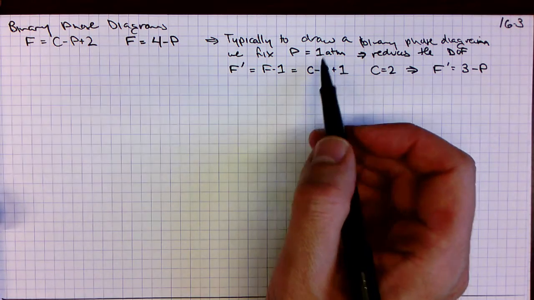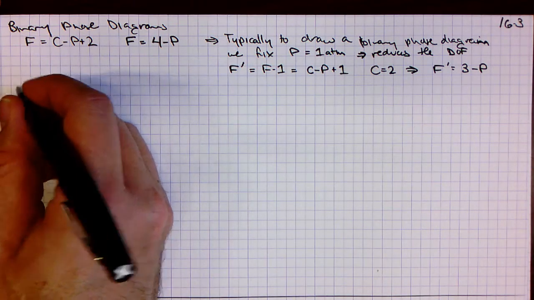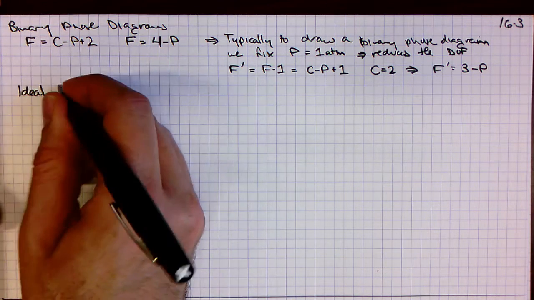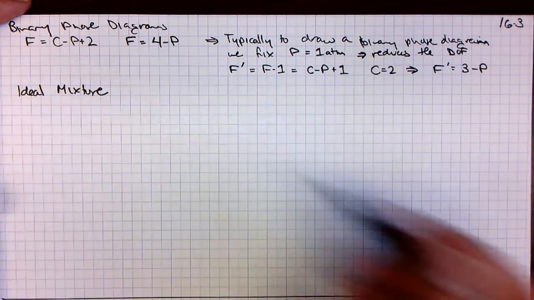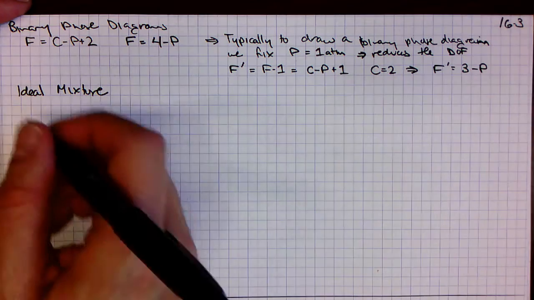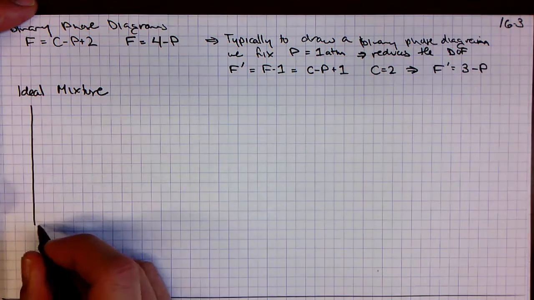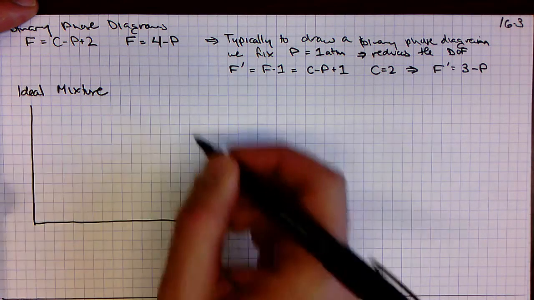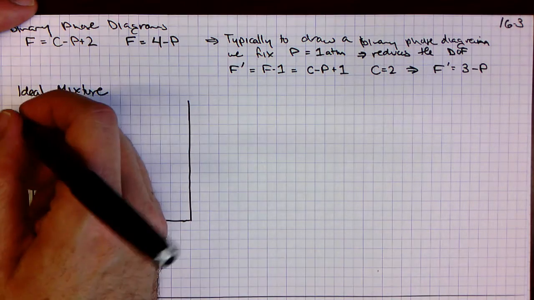Okay, so let's first look at our ideal mixture. And so this is part of the phase diagram we put up initially, has this ideal mixture character. So in an ideal mixture, we typically get a phase diagram that looks like this.